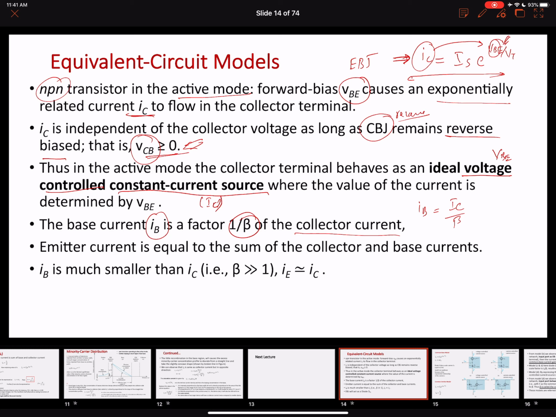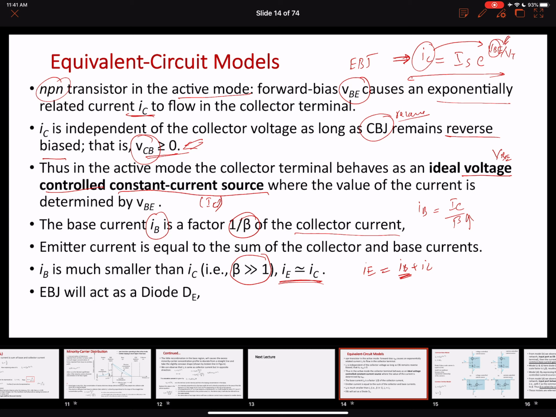Since our beta values are usually very large, our base current values go very small. As the beta value increases, the base current goes smaller. So if beta is very large, then our emitter current is almost equal to the collector current, because emitter current equals base current plus collector current, and if the base current is very small, the emitter and collector currents are almost the same.